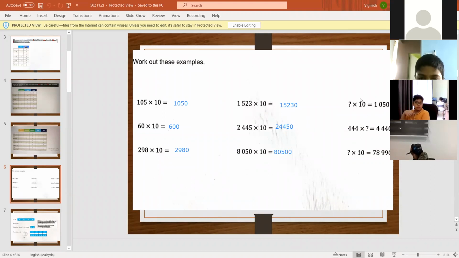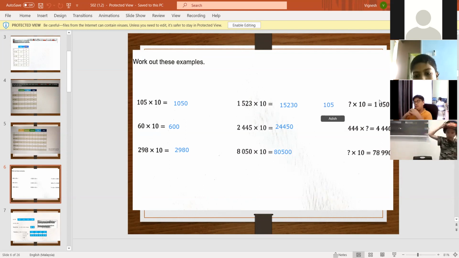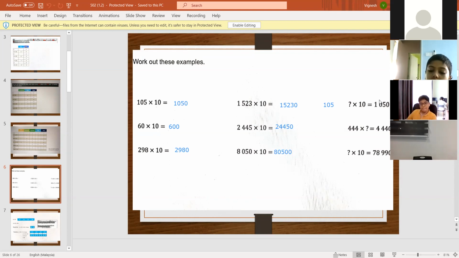Number 7 here. Sheng Wei, what is the missing number here since the answer is already given? 105. Very good. Jose, what is the missing number there? Number 8. 10. Very good. Okay. Jingze, what is the missing number here?